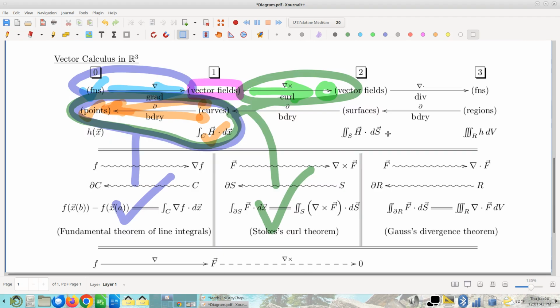There are special vector fields for which curl is 0, that are gradients of something else, that are path independent. And it was Stokes' theorem that allowed us to make one of those connections, and it was the fundamental theorem of line integrals that allowed us to make the other connection.